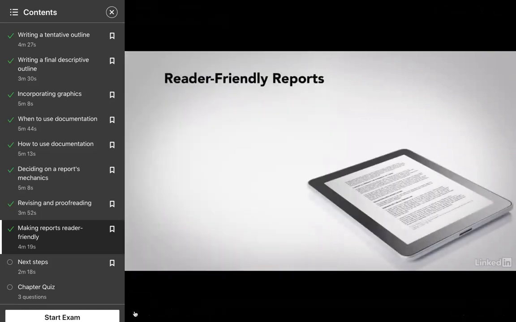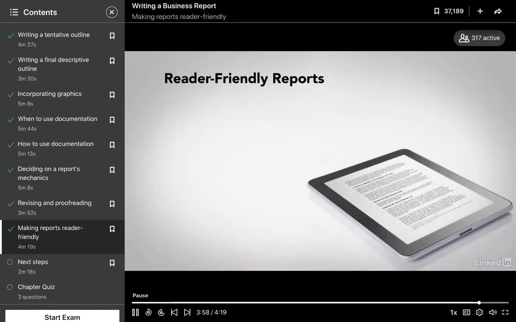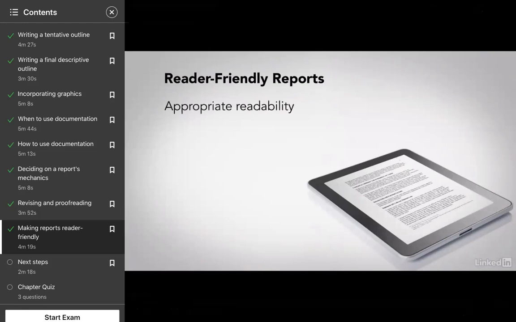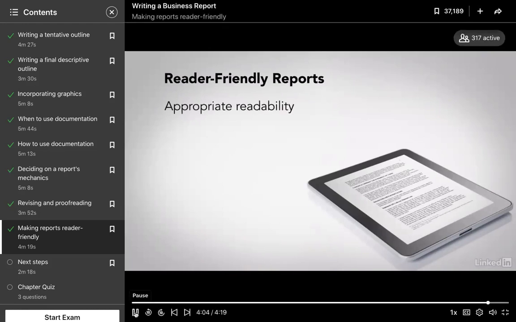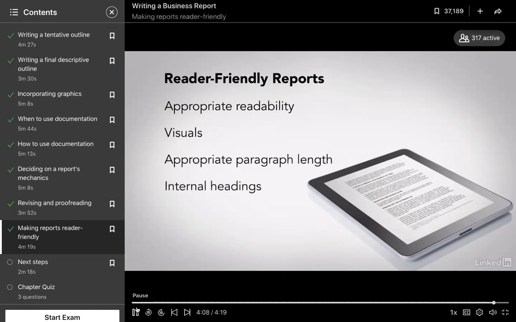So you increase your chance of having a reader-friendly business report and a more friendly reader if you know the readability level of the report, if you've made the report look easy to read with visuals and not too long paragraphs, have used internal headings to guide the reader through the report, and have clearly connected all the ideas. All of those are the writer's responsibility.